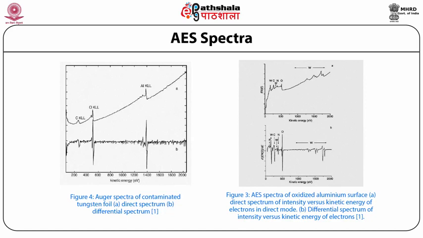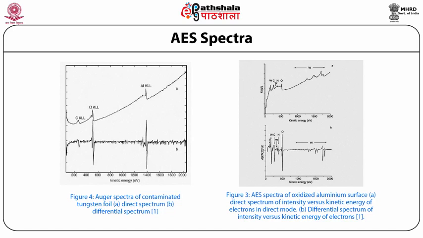The CRR mode of the CHA generates a constant relative resolution, delta E divided by E, over the whole range of the spectrum. The direct mode spectrum acquired with CRR mode expresses the energy distribution as the number of electrons multiplied by its kinetic energy, E times N(E), as shown in figure 5a.